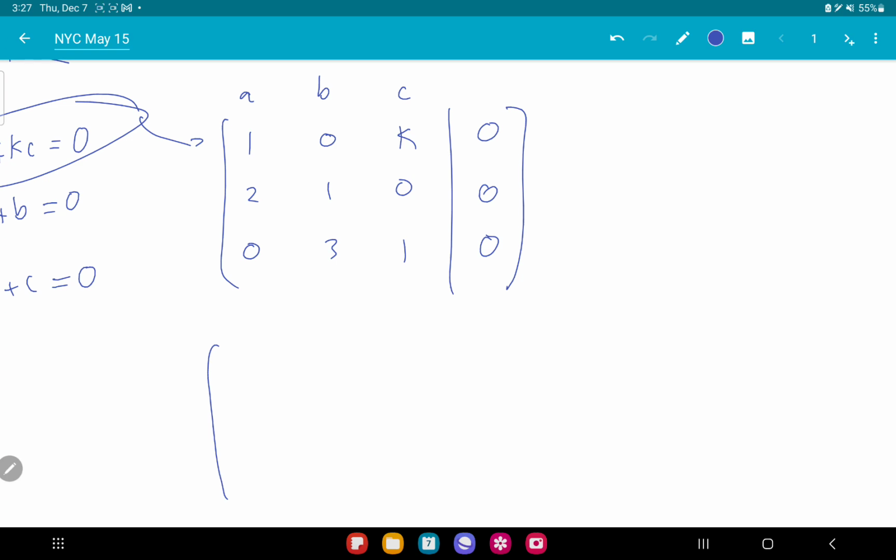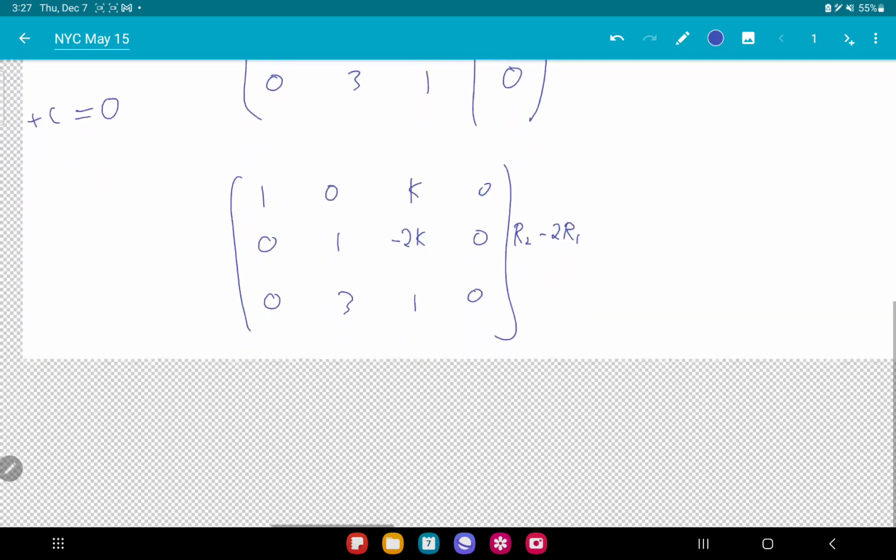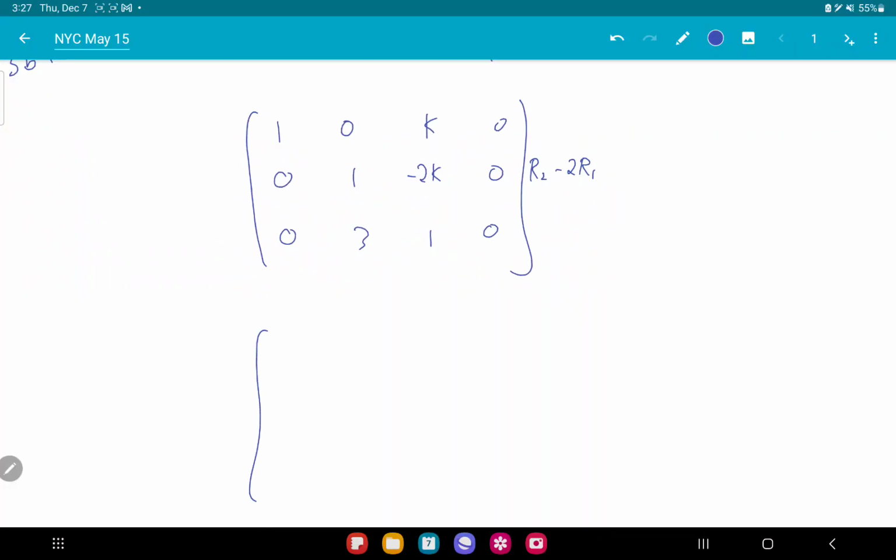So I'll do row 2 minus 2 row 1. That gives me a 0 and a 1 and a minus 2k, 0. And still 0, 3, 1 on the bottom. Now, what's the last thing? On the bottom row, what do I want to do?